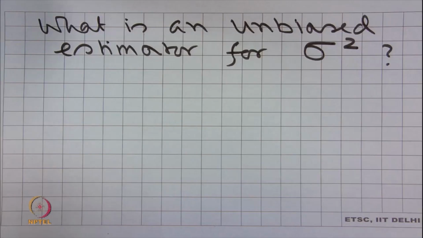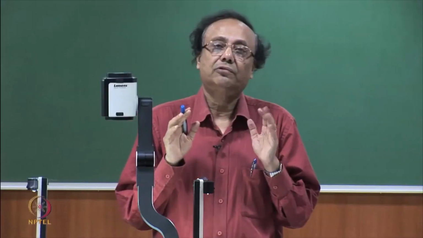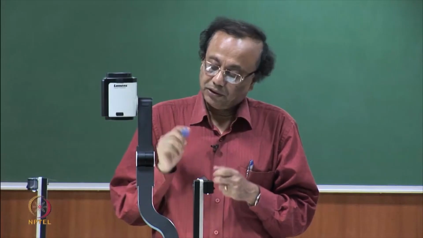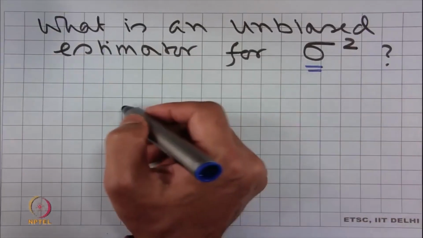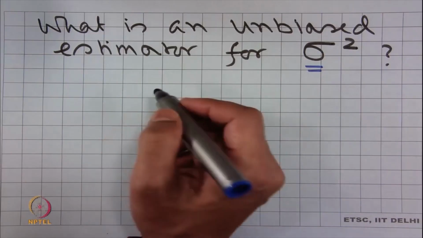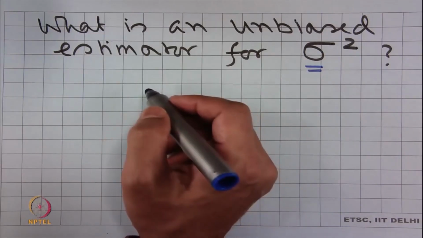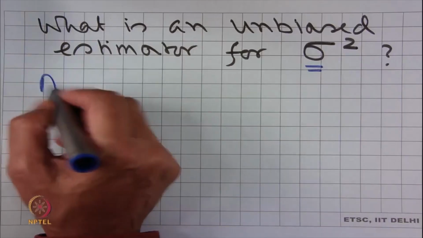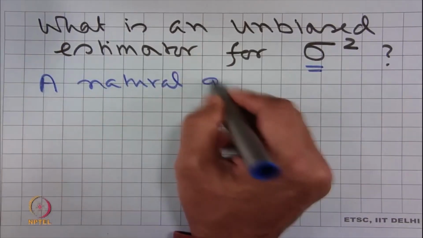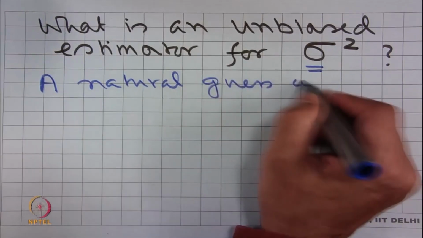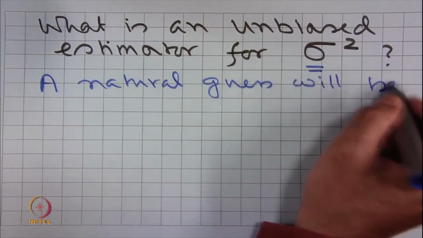That is, we have taken sample x 1, x 2, x n, and based on that we want to find an unbiased estimate for the population variance sigma square. A natural guess will be sample variance.